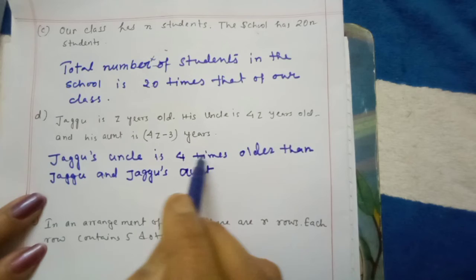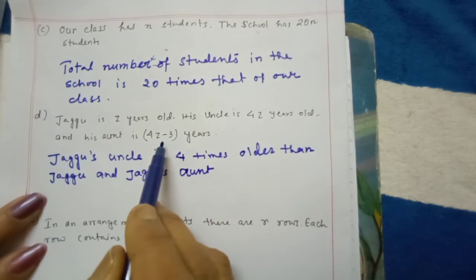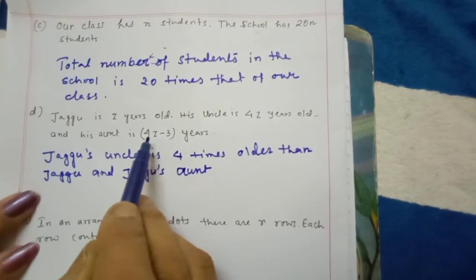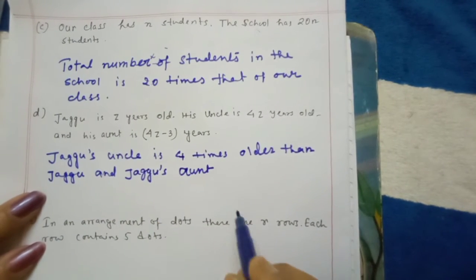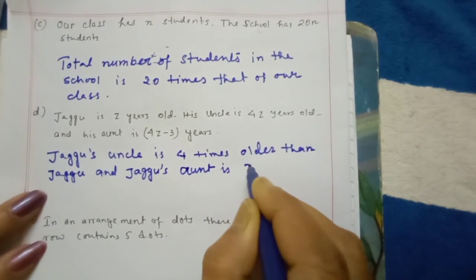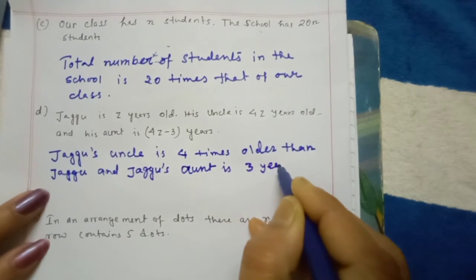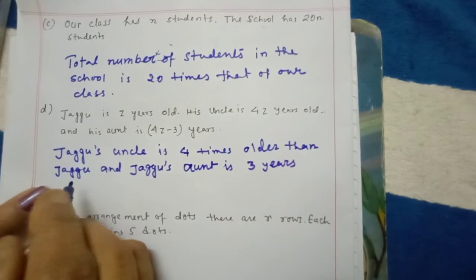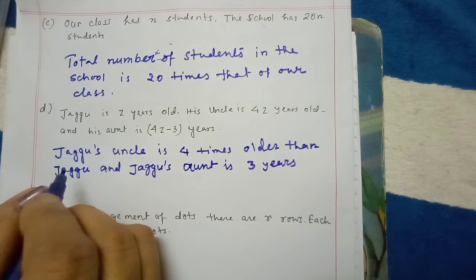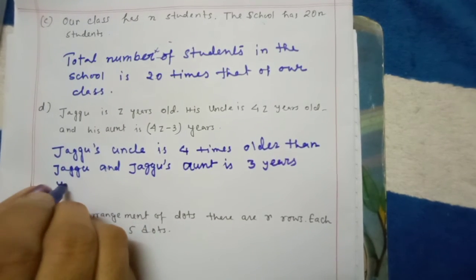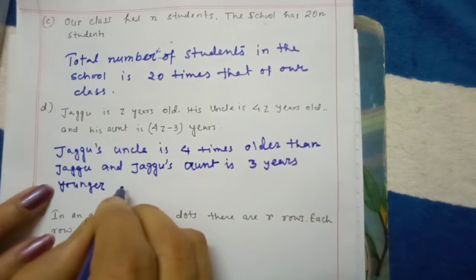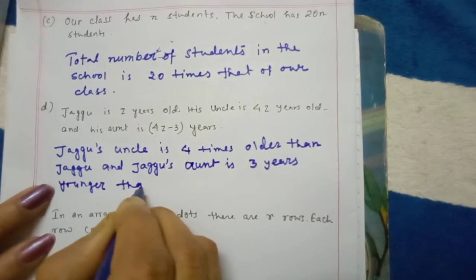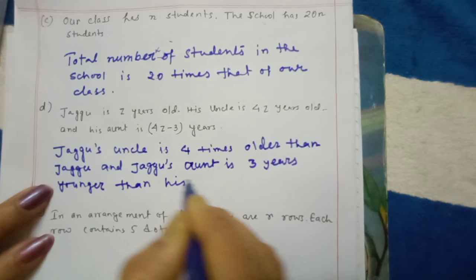He was 4 times older than Jaggu, and his aunt was 3 years younger. So Jaggu's aunt is 3 years younger than his uncle.